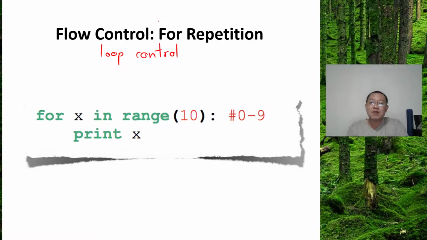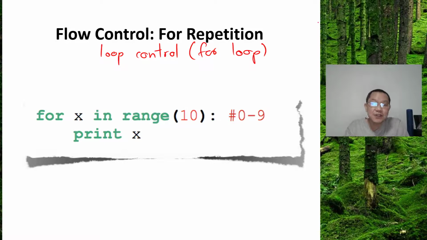For the loop control, there are two structures that you can use. The first one is to use for loop. How to use for loop?